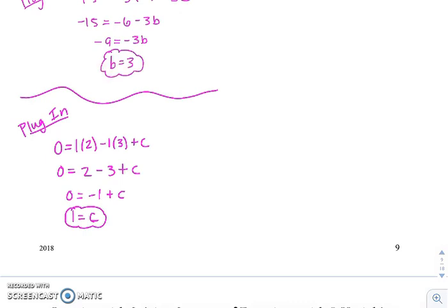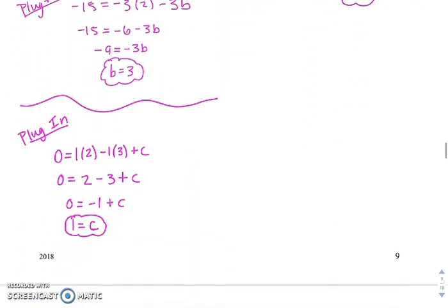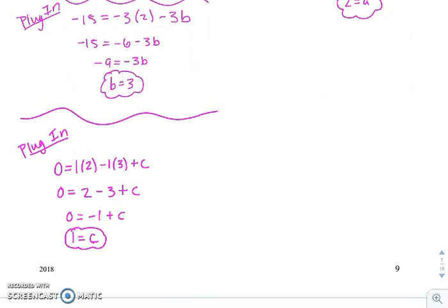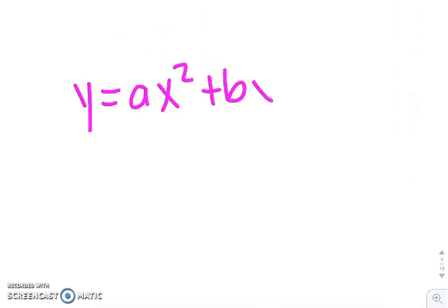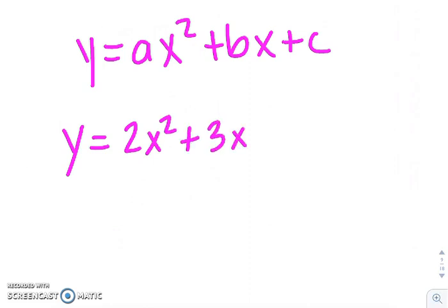But the goal here was actually to write an equation that y equals ax squared plus bx plus c. So once you guys have your a, b, and c, you guys need to plug it into that formula to get this equation. So y equals a is 2 plus b is 3 plus c is 1.